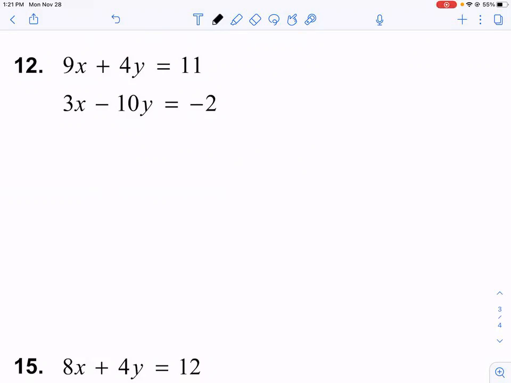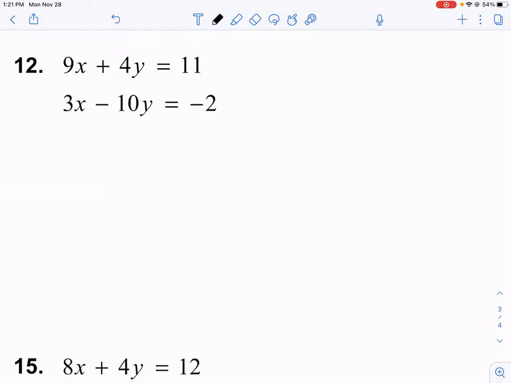Now, do you see opposites? Yes, I do. You do? Where? Opposites, like true opposites. You see a +4 and a -10, but you don't see opposites of the same number. So this is what we need to do.